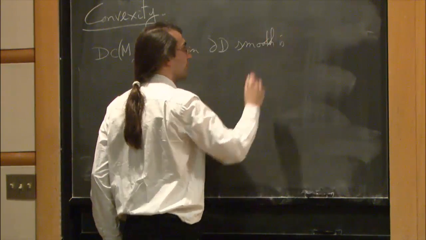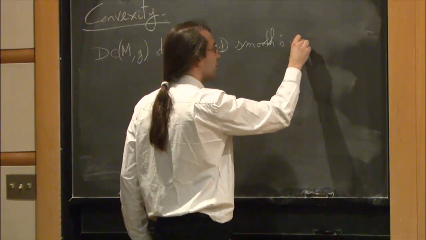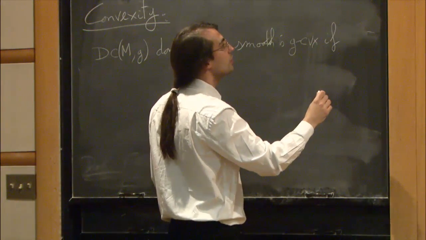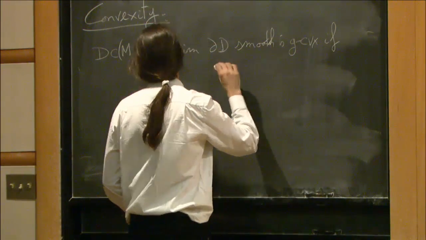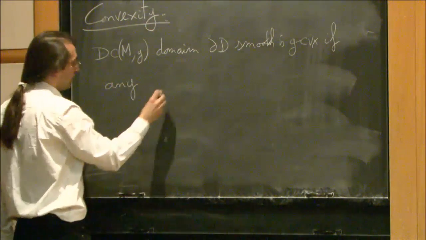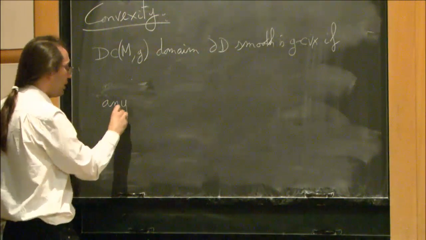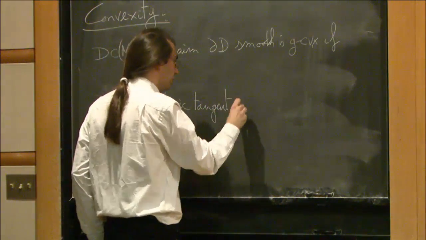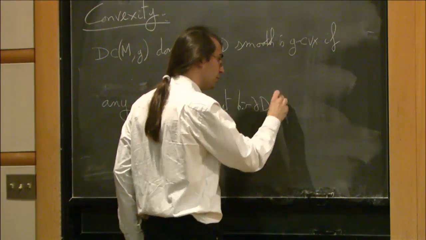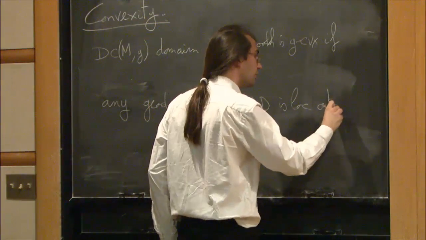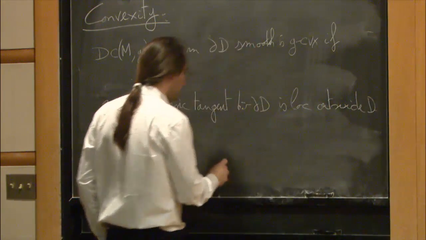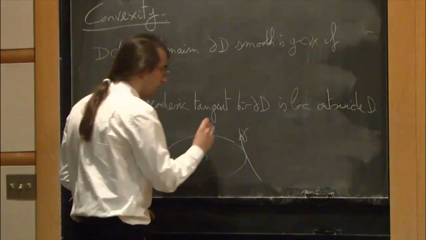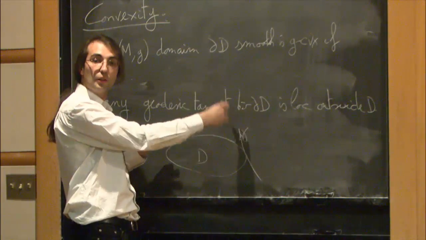And I say this is J convex if any geodesic tangent to the boundary is locally outside D. So the picture is like this: you've got your domain D, and you've got a geodesic here, and this geodesic touches D at this point, but it's outside the domain.